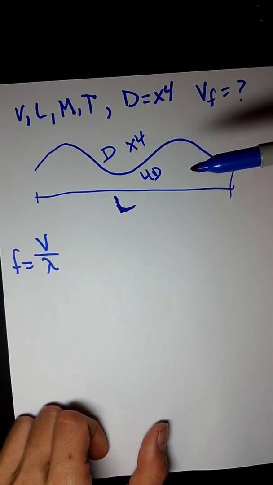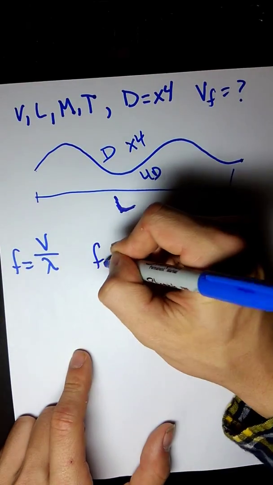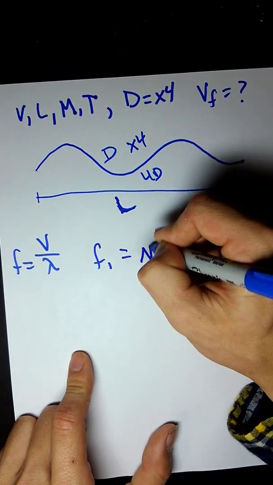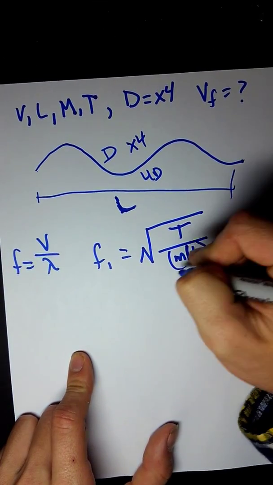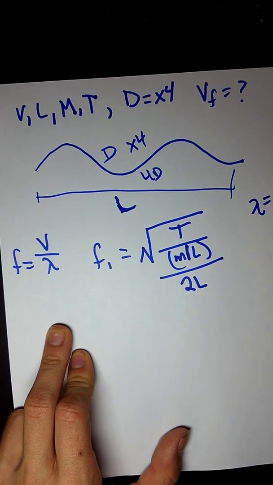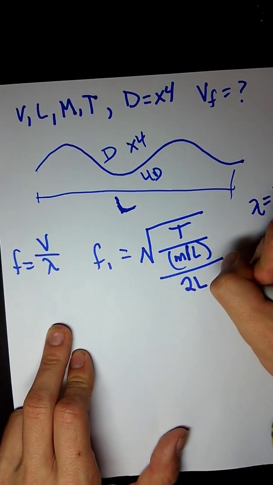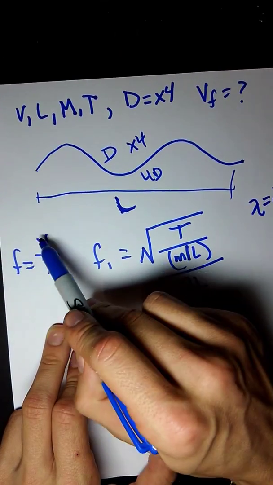So you're going to put this over 2L. You're going to put frequency is equal to root of T over M divided by L, over 2L. You're going to factor in that 2L now because lambda is equal to 2L, so I'm dividing by lambda to get my frequency ahead in advance.